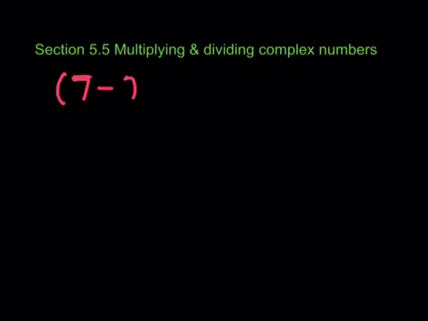Let's do a complex multiplication problem. 7 minus 2i in standard form times 4 plus i.